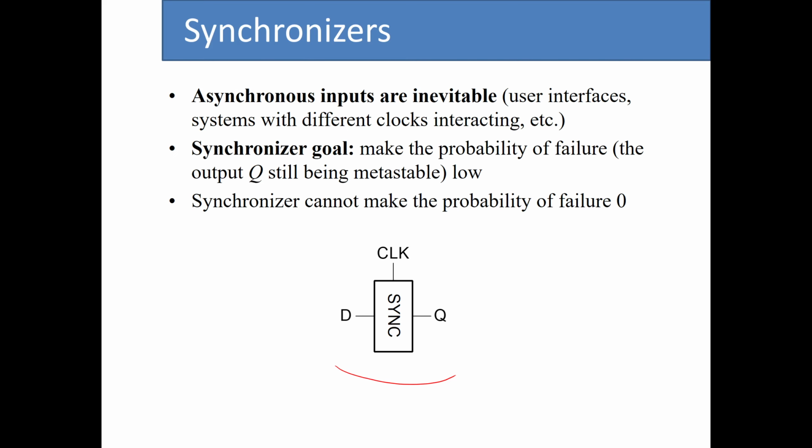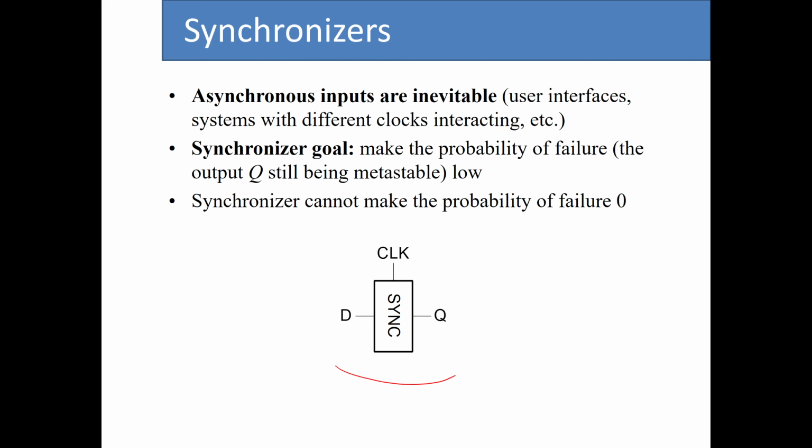If you remember what we did when we wanted to go from a D latch to a D flip-flop: we said that for D latches, the output of the latch is dependent on the time that clock is 1. To make the D latch be only sensitive to the clock edge, we used two D latches back to back.